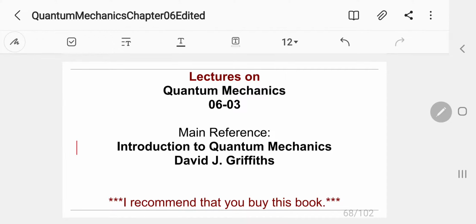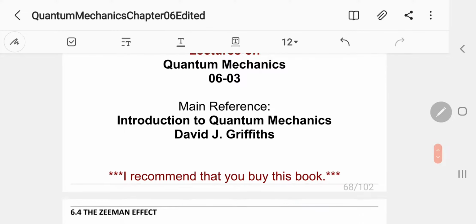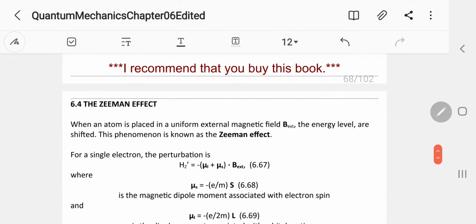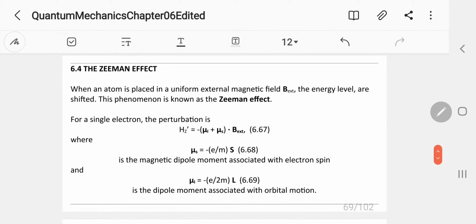So to start with, we will be considering the Zeeman effect. This is another perturbation that's going on in an atom. The Zeeman effect occurs when an atom is placed in an external magnetic field, B_ext.